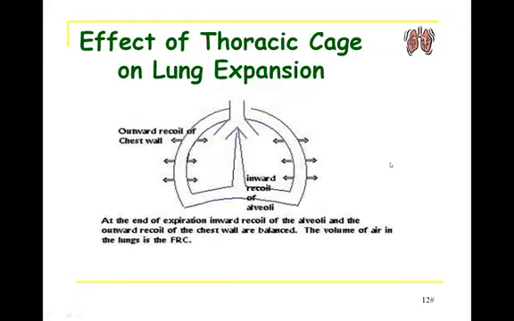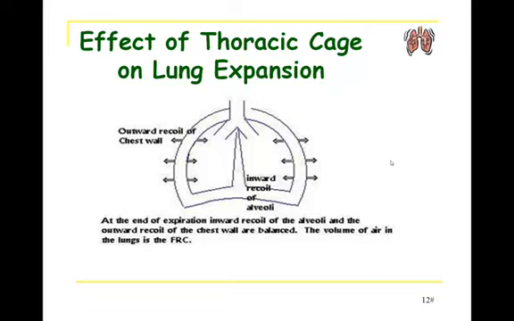Now, a couple last topics that we're going to talk about before we look at spirometry, which allows us to measure lung volumes and capacities, is first I want to look at the effect of your thoracic cage on lung expansion and introduce you to your first lung volume or capacity.